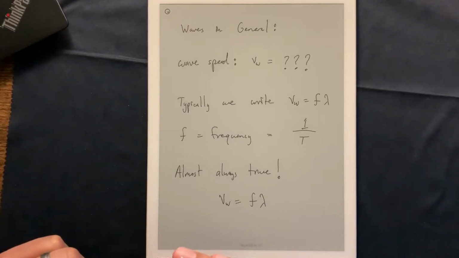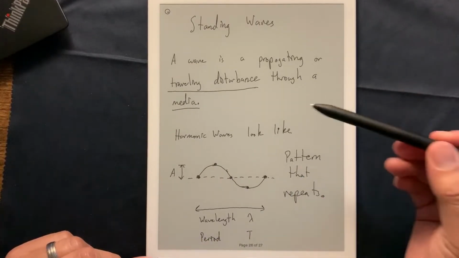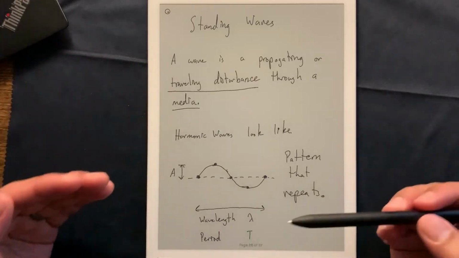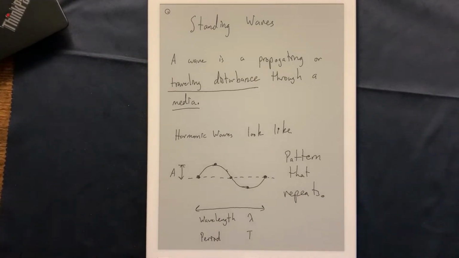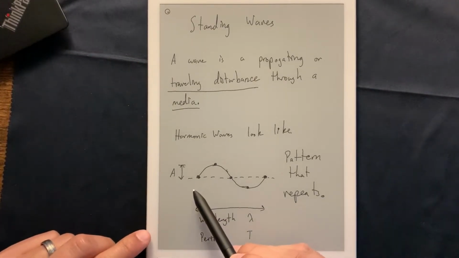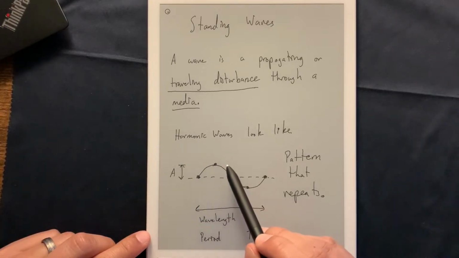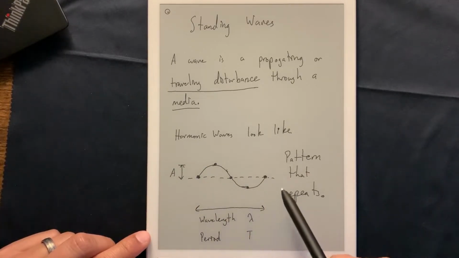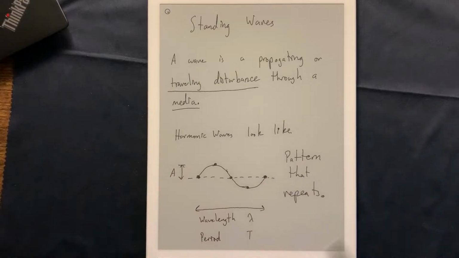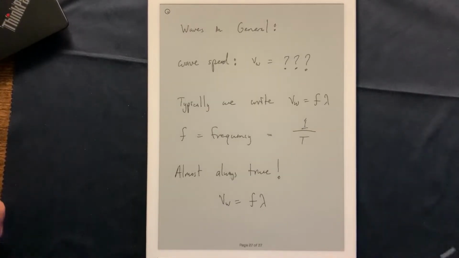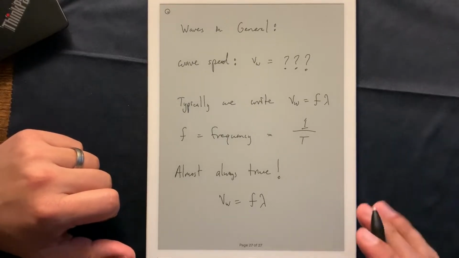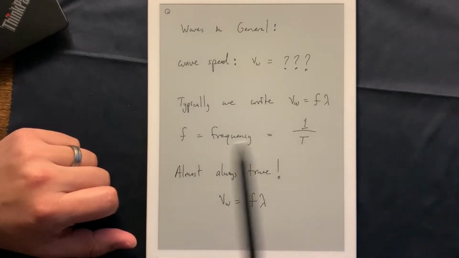So let's go back. Waves are this propagating or traveling disturbance. Whenever you look at a profile, you'll typically see something get disturbed, pushed up and then down. This is usually the pattern you see, and you think about how many of them you see in a certain amount of time. Then, how fast does it move down?